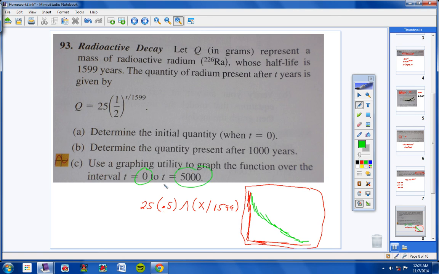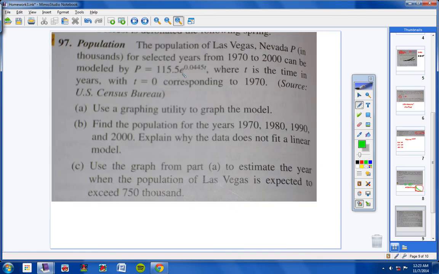Okay? Pretty cool. Okay, number 95. Or number 97, excuse me. Okay, the population of Las Vegas, Nevada for selected years from 1970 to 2000 can be modeled by this model right here, where t equals 0 corresponds to 1970. Use the graphing utility to graph the model. Okay? Now, here's what we're going to do.